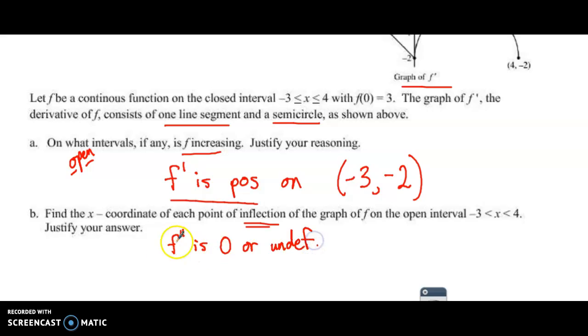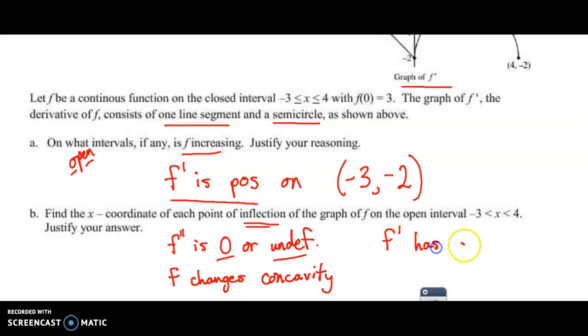I would actually cross this off. I don't really like that reasoning, because what I'm thinking about is where f changes concavity. Again, I wouldn't write that down either. What I would write down is that f prime, well, if it's 0 or undefined, that means that the derivative has a relative extrema.